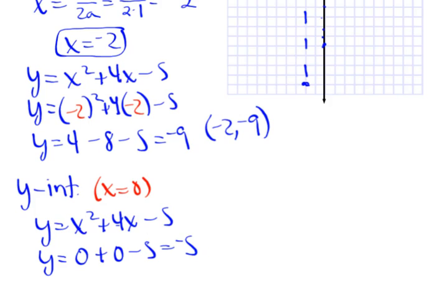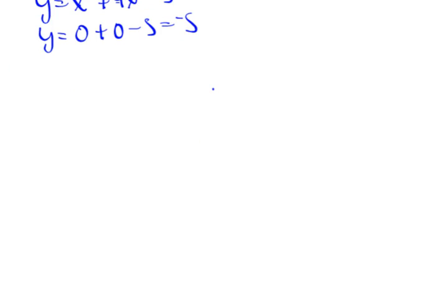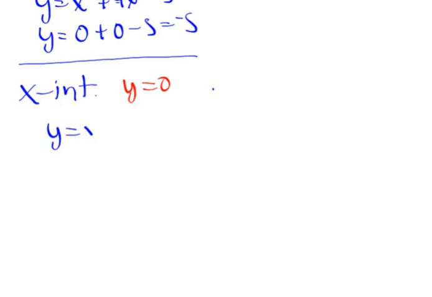And the last thing we're going to do is find the x-intercepts. The x-intercepts are where y equals 0. So we're going to take our original equation, y equals x squared plus 4x minus 5, and we're going to substitute a 0 in for y.